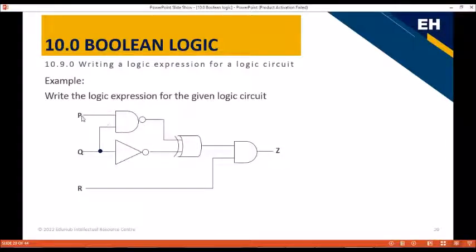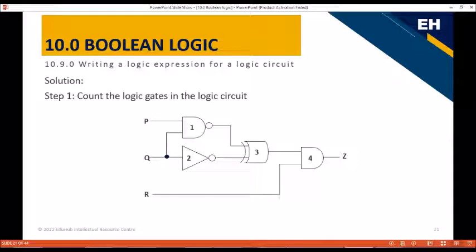Now the output of P NAND Q and the output of NOT Q both go into the logic gate XOR, alright? And whatever is gotten as the output at this level is taken into the AND gate together with the R input in order to produce the Z output.